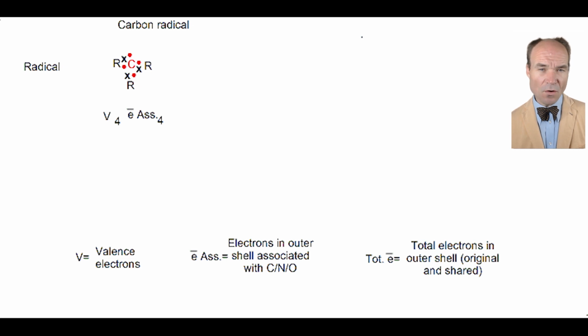Thus, 4 minus 4 shows us 0, so the radical is neutral. There are a total of 7 electrons in the outer shell of the carbon, 4 associated with carbon and 3 electrons with R groups, and shared with carbon through covalent bonds. This is not hypovalent, as there are not an even number of electrons less than 8.